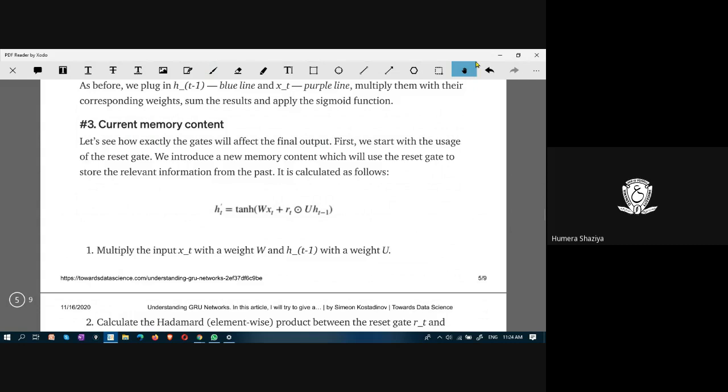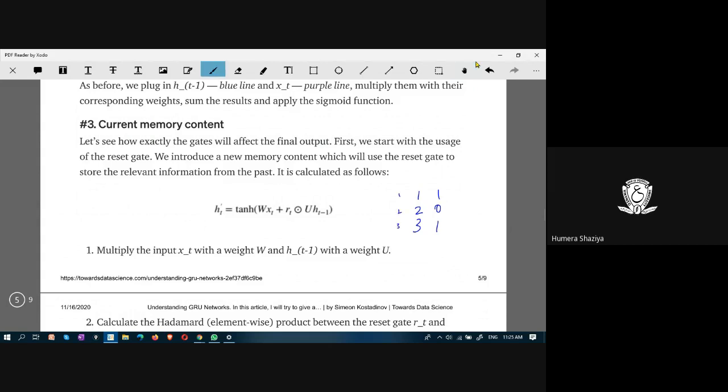This Hadamard product is the element-wise product. Element-wise product is, if you have vectors like this, you perform multiplication of the corresponding elements. This is at position 1, 2, and 3.